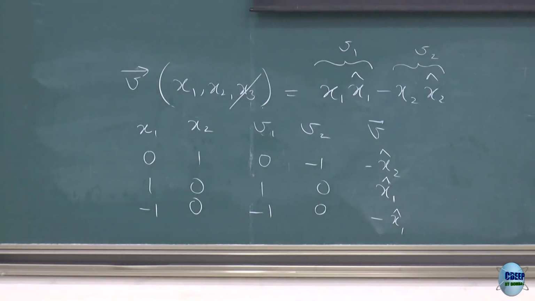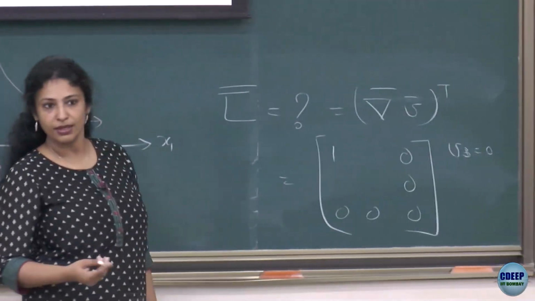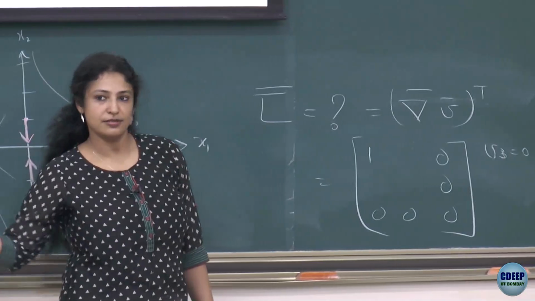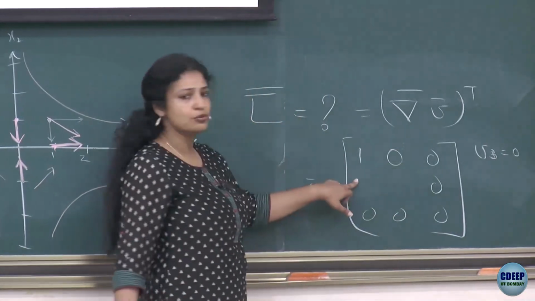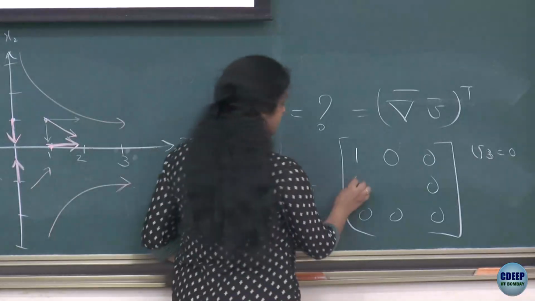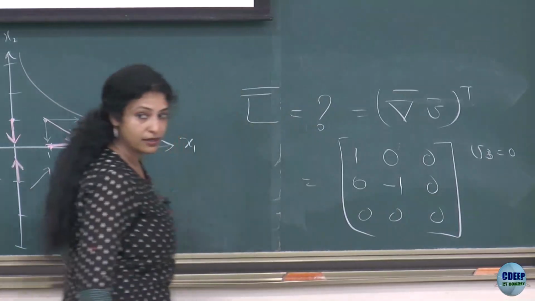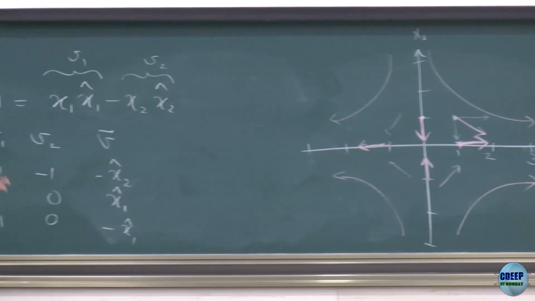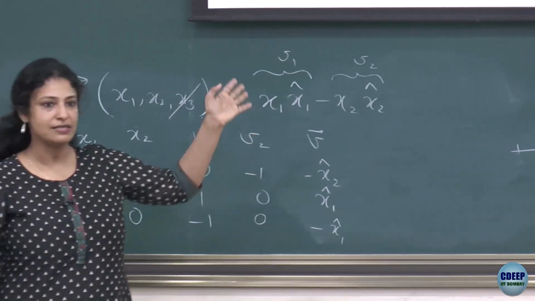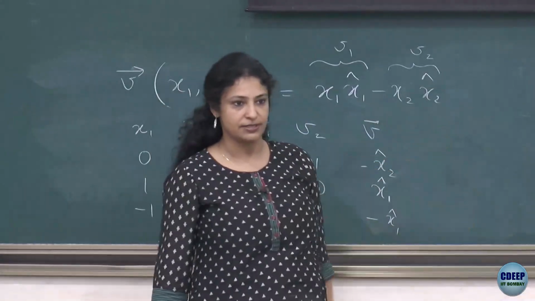So L 1, 1 is 1. What about L 1, 2? It is 0 because V1 is not a function of x2. L 2, 1 is 0, and this is minus 1, right. So that is a simple velocity gradient tensor. Just like for the uniaxial extension case, this is also an extensional flow and you are only getting the diagonal components.